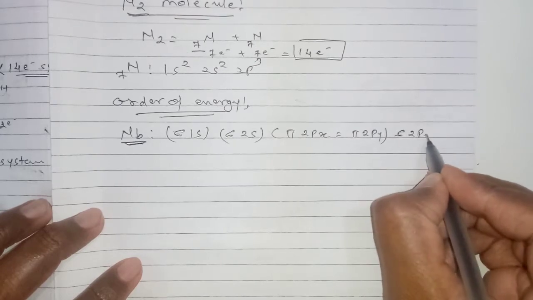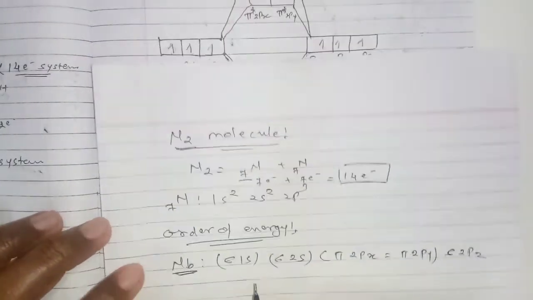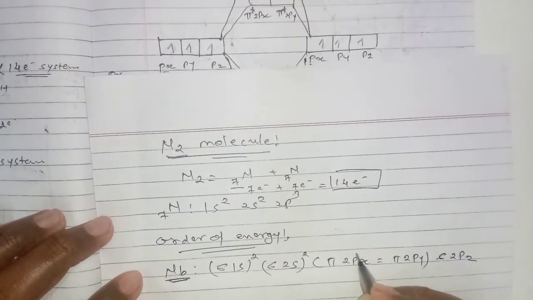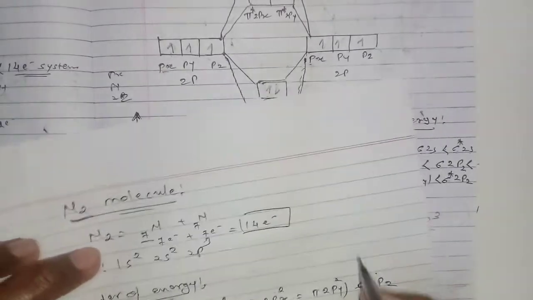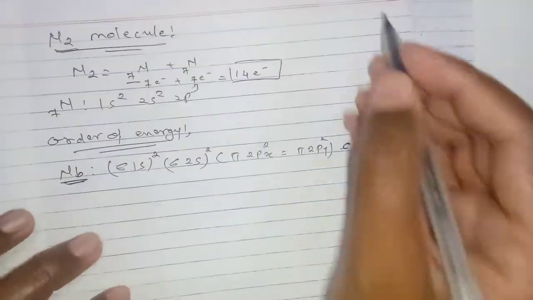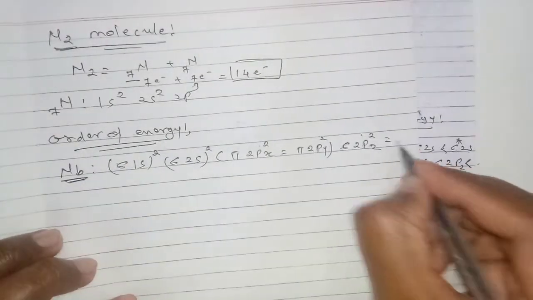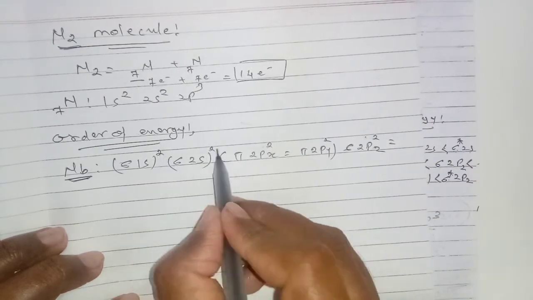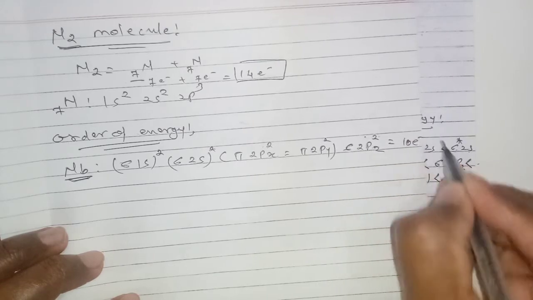Each has 2 electrons. The total number of electrons is 5 multiplied by 2, which is 10 electrons.